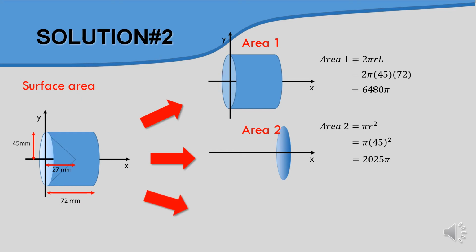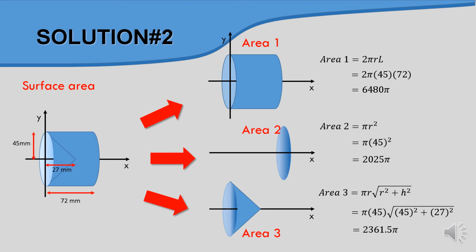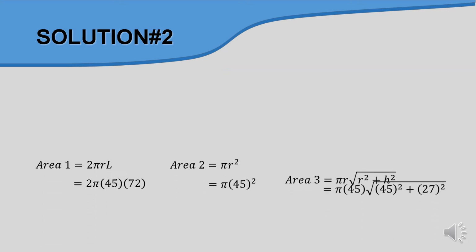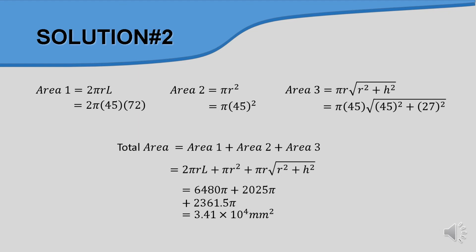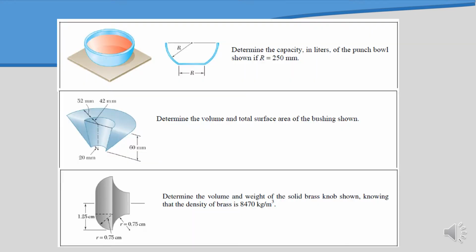Finally we obtain the surface area of the cone, by using the common formula, substituting the values of r and h. For the total surface area, we sum area 1, area 2, and area 3, and finally we get the total area of 3.41 times 10 to the power 4 mm squared.